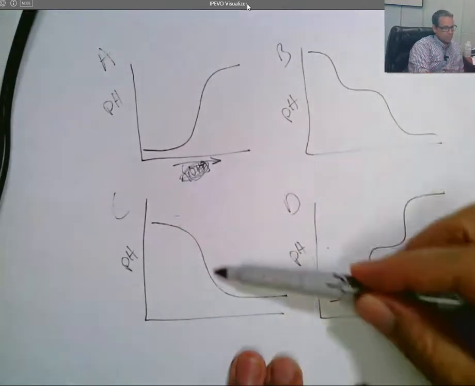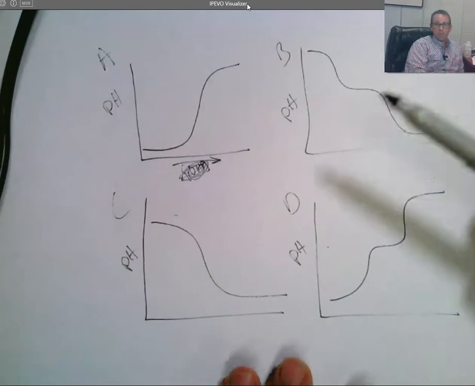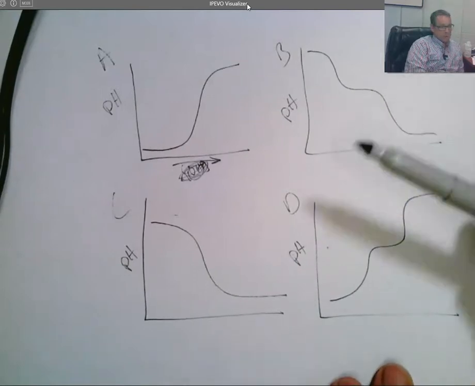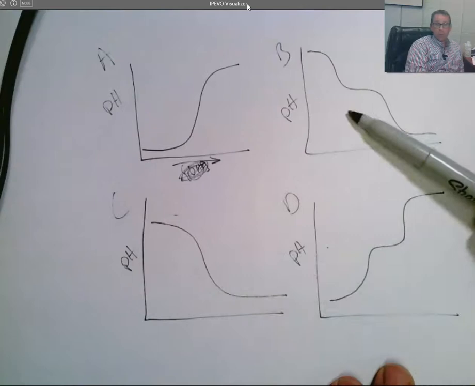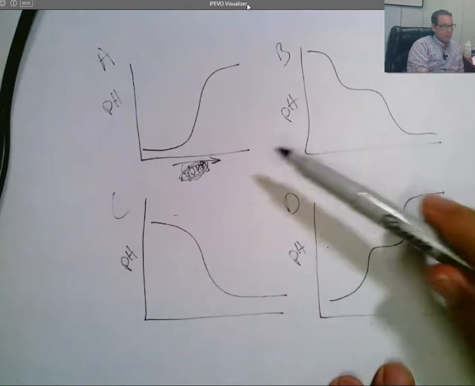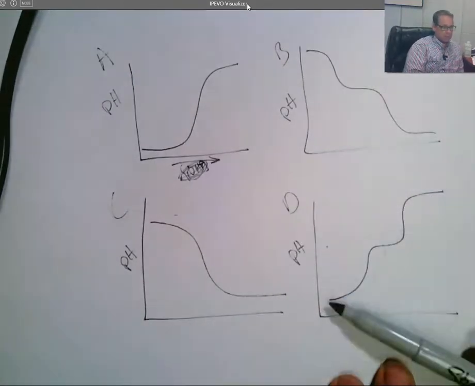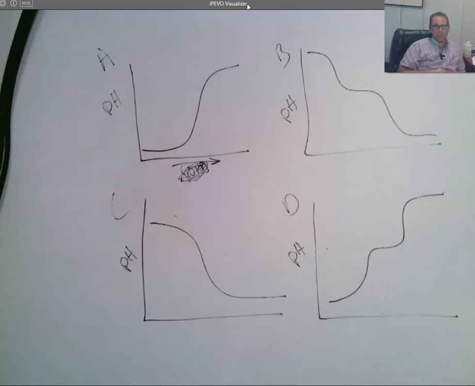So the pH going down, so it would have to be C, because you didn't say it was a double reaction. Yeah, so it could be C or B, right? Titration of a base with an acid. And these would have to be the titration of some acid that you start with a base. Very good.